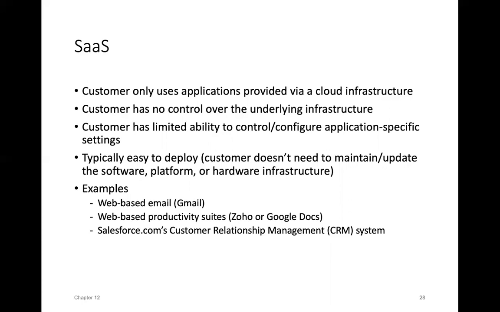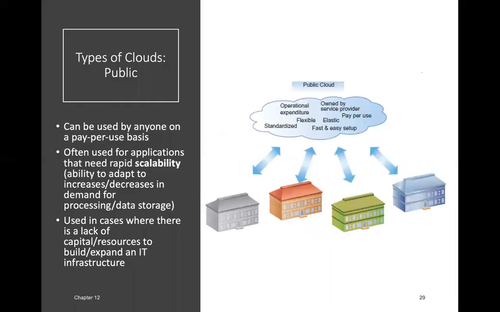It's useful to mention that there are a couple of ways of looking at clouds. One of the ways we often demarcate them is between public clouds and private clouds. A public cloud is just what it pretty much says, right? It can be used by anyone on a pay-per-use basis.